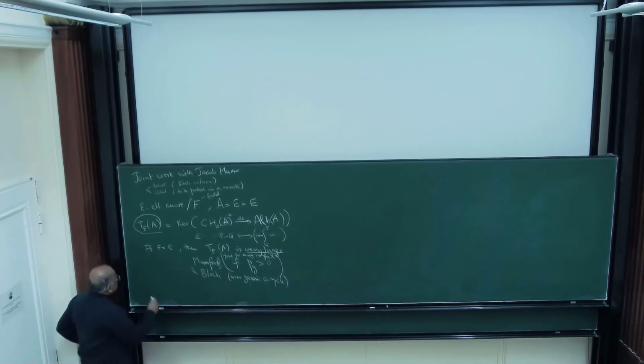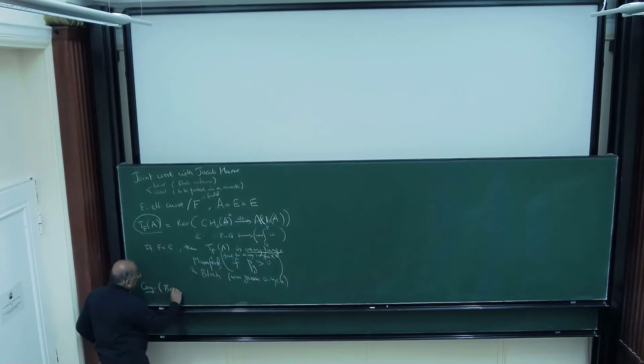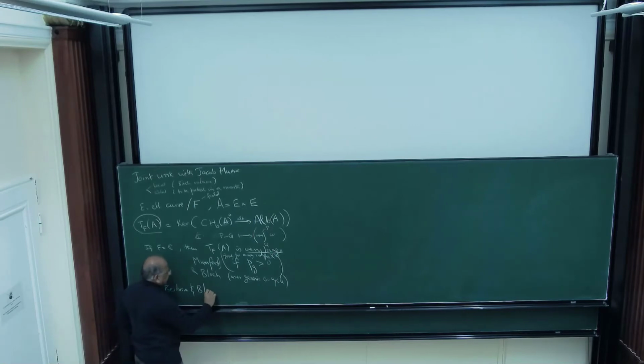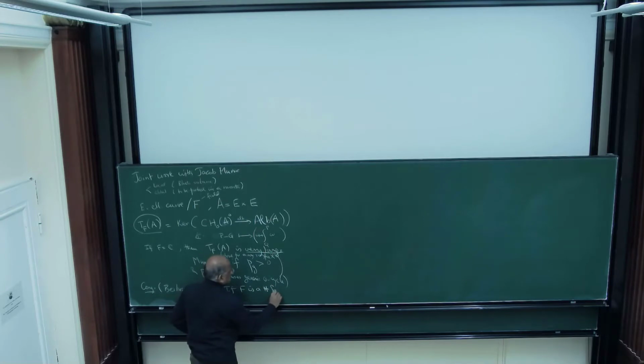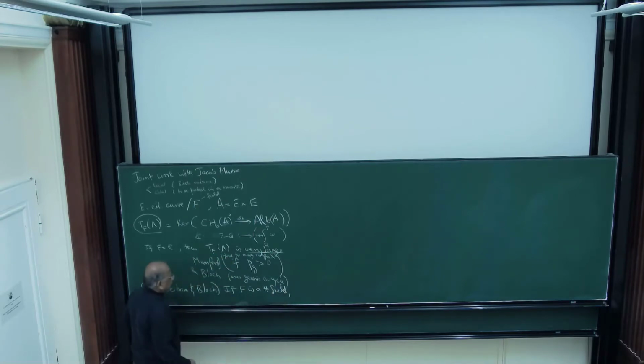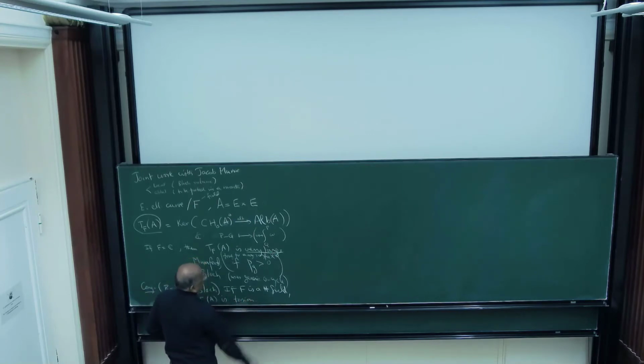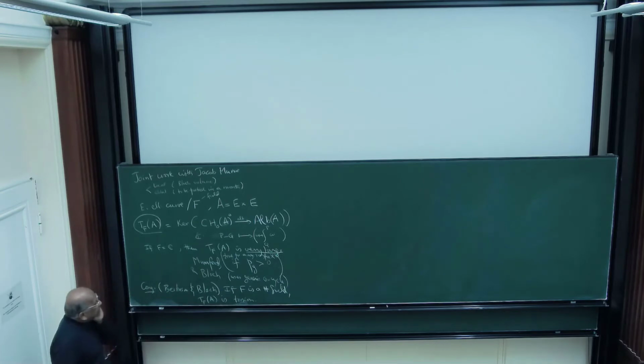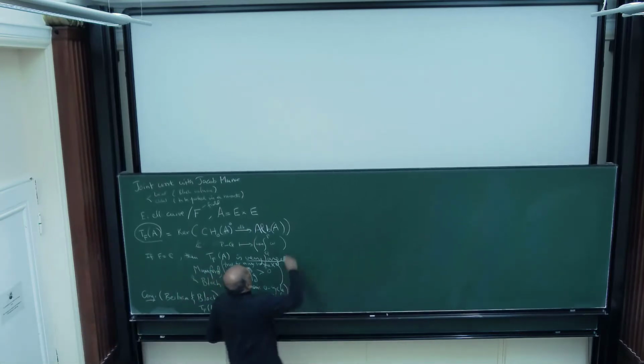However, the conjecture of Beilinson and Bloch, I think independently, says that if F is a number field, then T_F(A) is in fact, more generally for any surface, torsion. And in effect, maybe I should say why.